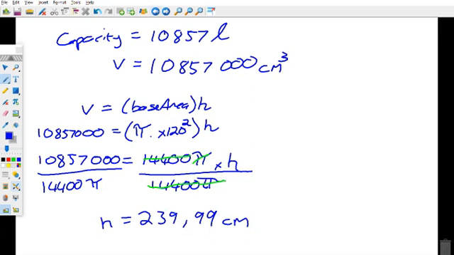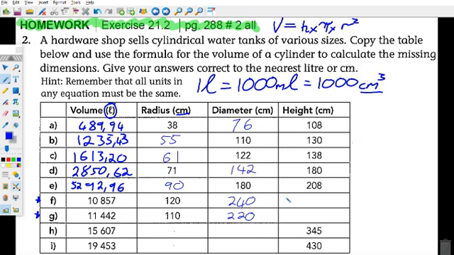So we can write that in here, 239.99 centimeters. Okay. So for number G, it's going to be exactly the same.